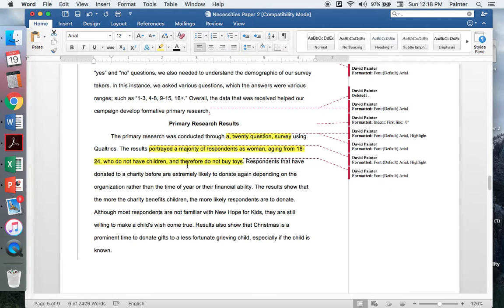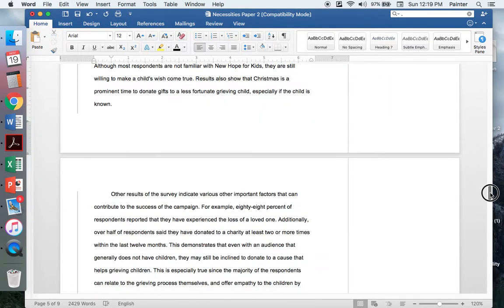It's confusing to me because you said the results revealed that a majority of the respondents were women between the ages of 18 and 24 who do not buy toys. So I'm confused again, because if your primary target audience is Rollins College students, they're not going to be buying toys. So why would you talk about that here?